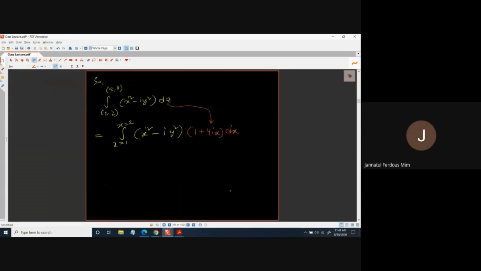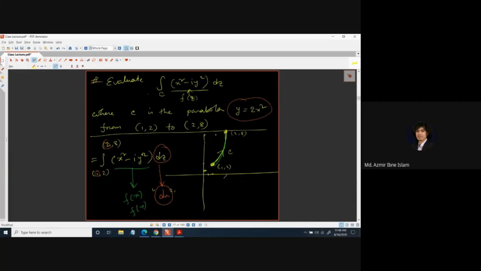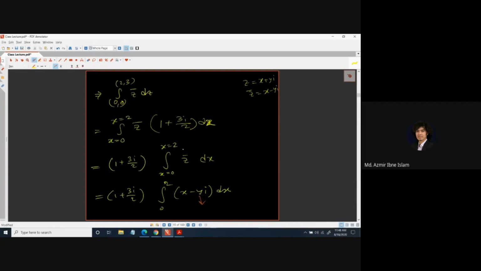Yes, sir. So this time, you can see that 1 plus 4ix is not constant because we have x. For the previous problem, 1 plus 3i by 2, since there was no x term there, we pulled that out before the integral.